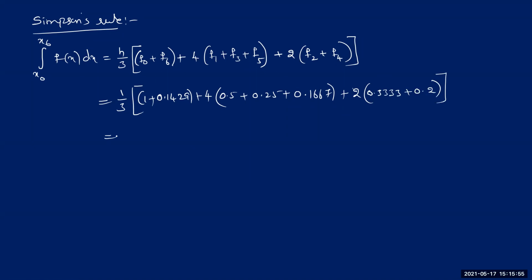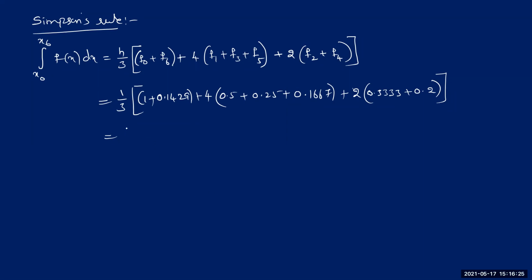Right now, see, if I simplify this, I'm again using my calculator. 1 plus 0.1429 plus 4 times 0.5 plus 0.25 plus 0.1667 plus 2 times 0.3333 plus 0.2, and all this divided by 3.